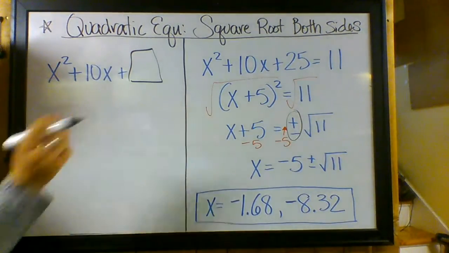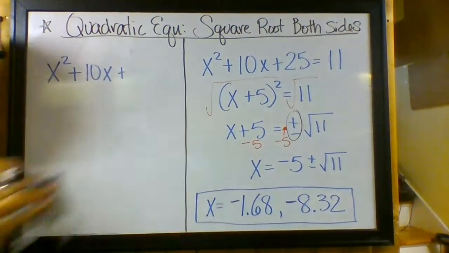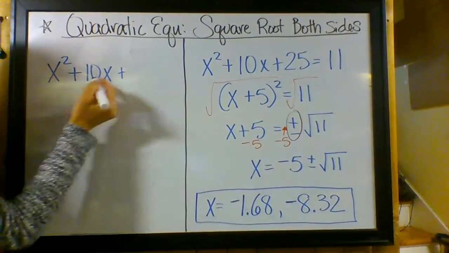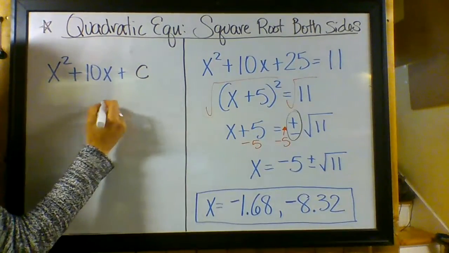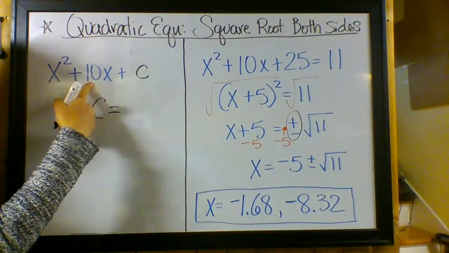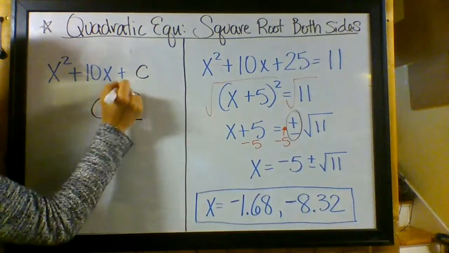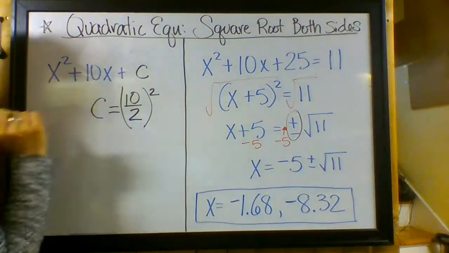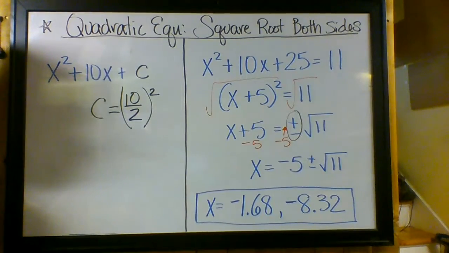And on your paper it'll say x squared plus 10x plus c. And what we know is that c is going to equal half of the middle term, so 10 over 2, squared. So we know that c equals 25 here.